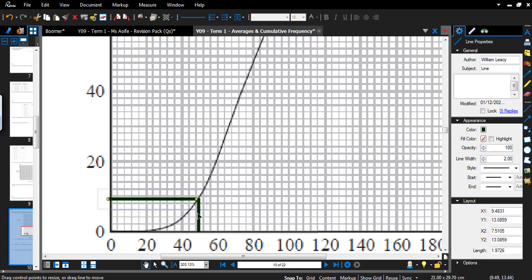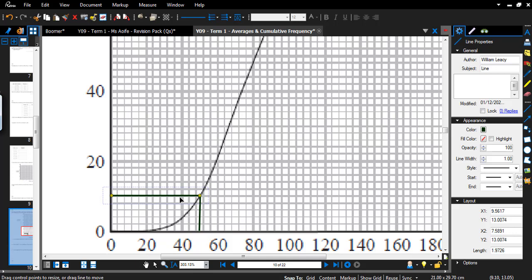Oh yeah, if this is right in the middle, let's just draw our lines more accurately. Yeah, that's better. So it depends how accurately you draw your lines, really, doesn't it? So if that's right in the middle, yeah, it's going to be 10.